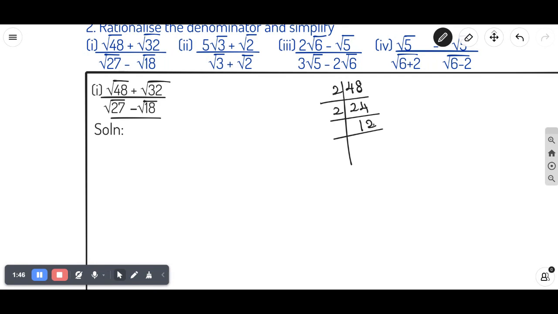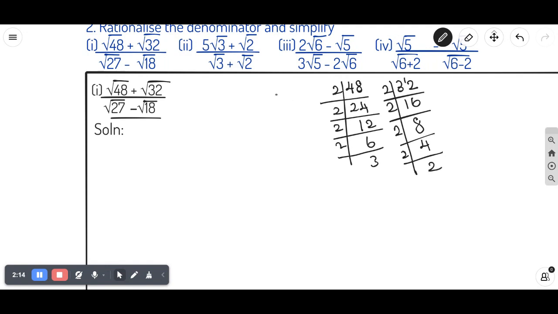Then 6 twos are 12 and 2 twos are 2 threes are 6. So now let's keep factorizing all the numbers for handy. 1 2 is 2 and 6 twos are 12. The next thing will be 2, 8 twos are 16. Next is 2, 4 twos are 8. And next is 2, 2 twos are 4 again.